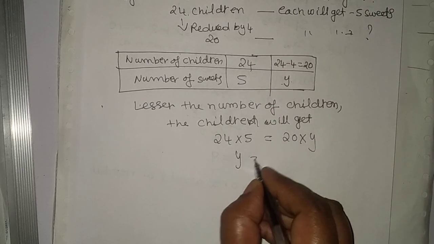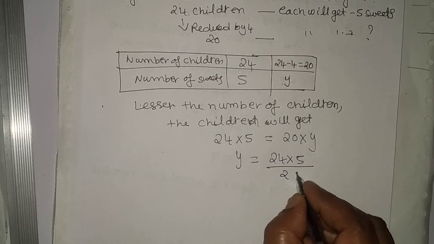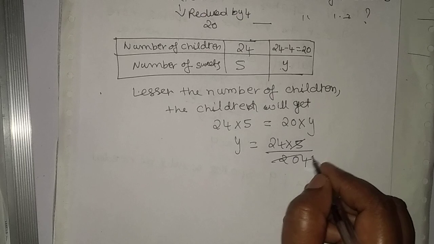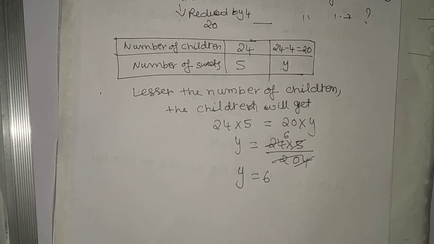Therefore y is equal to 24 into 5 divided by 20. Then 4 ones are 4, then 4 sixes are 24. Therefore y is equal to 6, each will get 6 sweets.